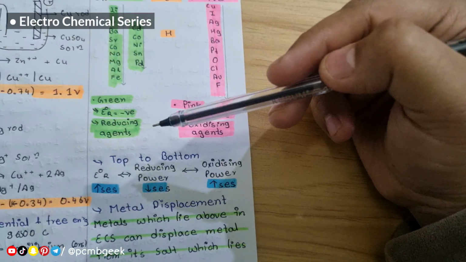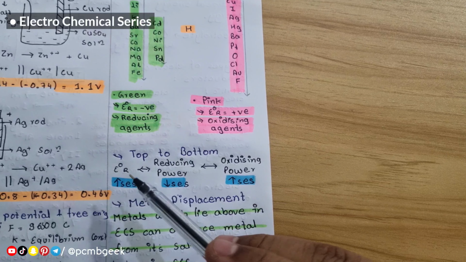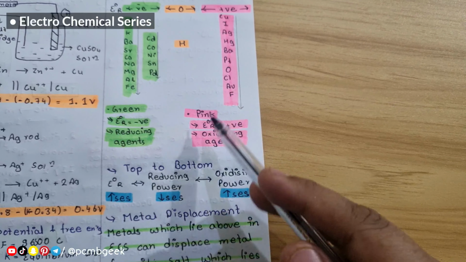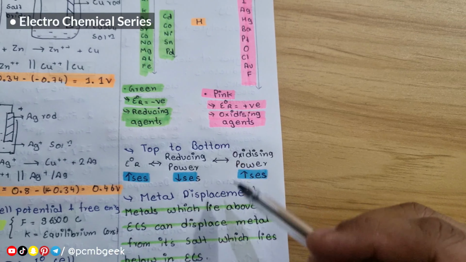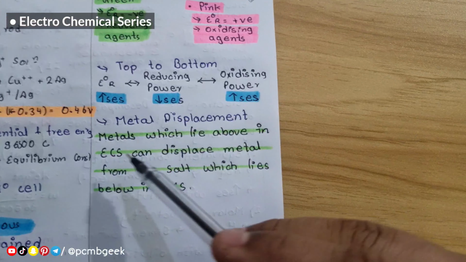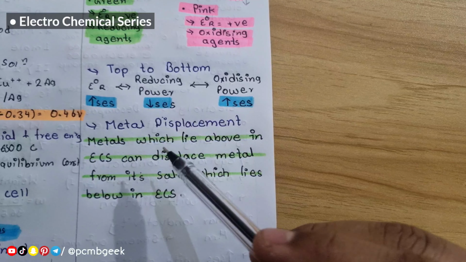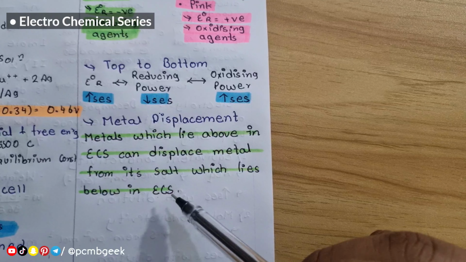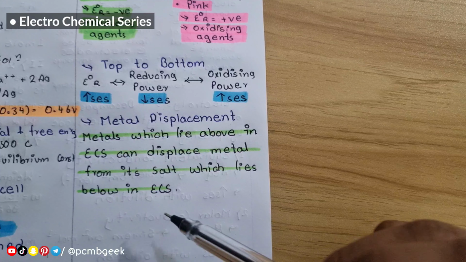As we go from top to bottom, or negative to positive, in electrochemical series, the standard reduction potential increases, the reducing power of the elements decreases and oxidizing power increases. The metal which lies above in electrochemical series can displace metal from its salt which lies below in electrochemical series.